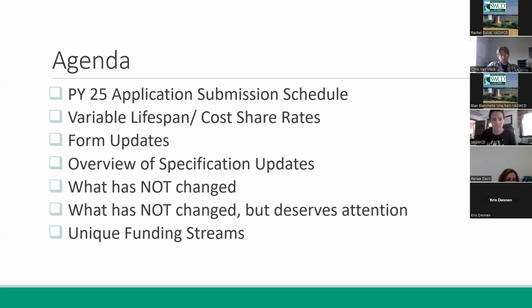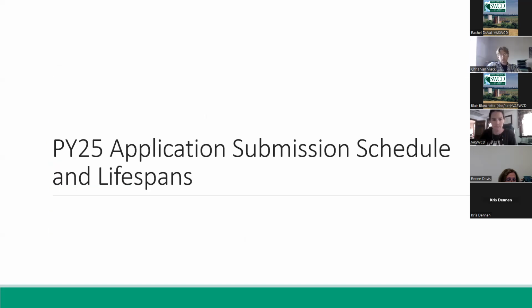The majority of our time, we're going to be discussing specification updates, and we'll finish with the few specifications that have not changed, but I just want to point out to y'all. And then we have a brief window of time where we're going to have some unique funding available. So without further ado, starting with that application submission schedule and lifespans.